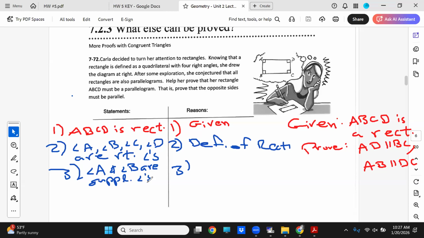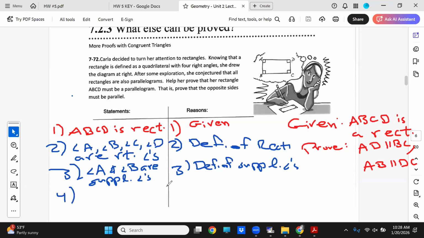Thank you, Cam. So they add to 180. So I would then say definition of supplementary angles. I could get a little more detail if I wanted to and say angles A, B, C, D are each 90 degrees and A and B add up to 180. But I think we could skip that. Definition of supplementary angles because they add to 180.